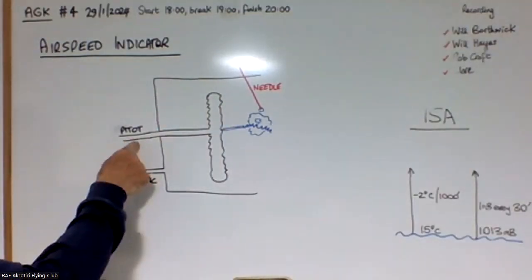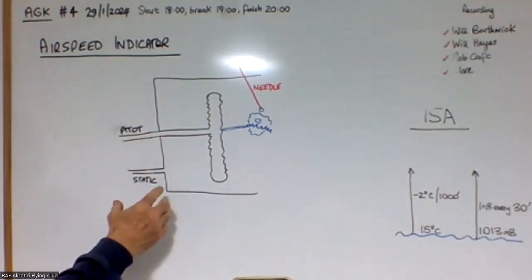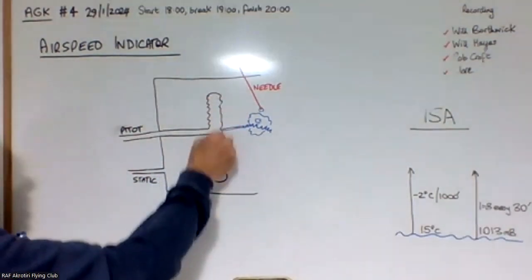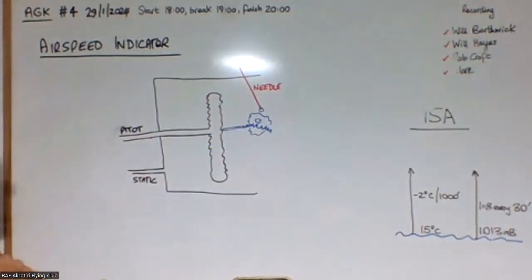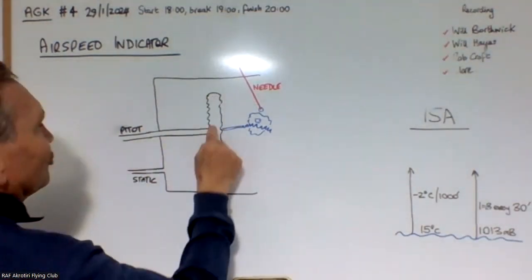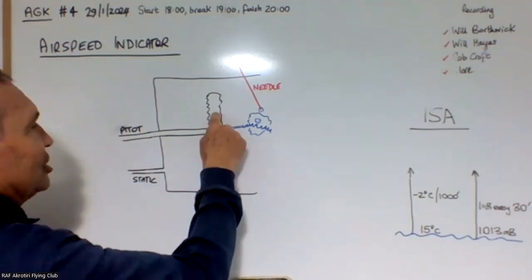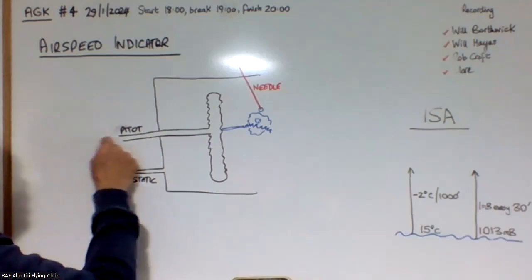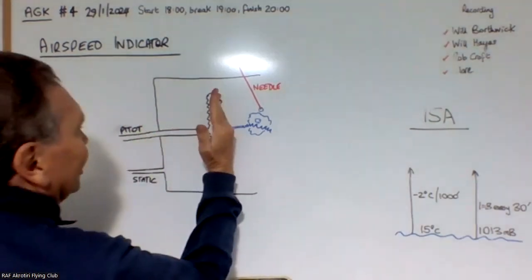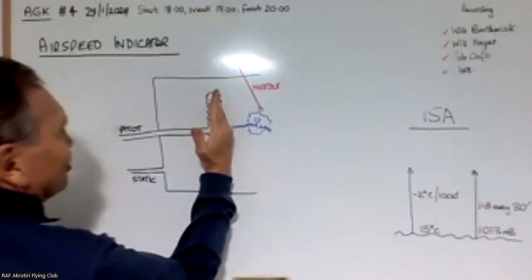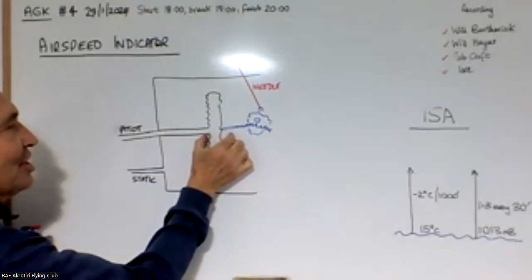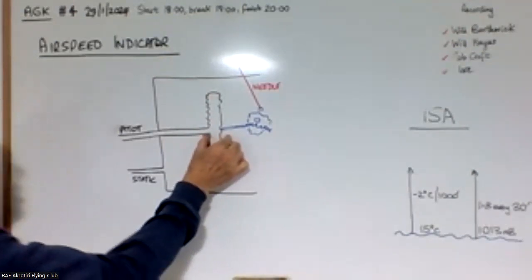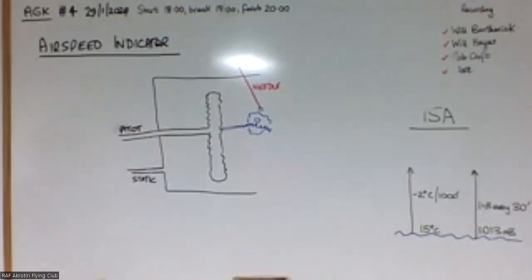Now, if the static pressure and the pitot pressure are the same, then this capsule won't be actually expanding or contracting, because it's just looking at the difference between this pressure and this pressure inside it. So as we increase the pitot pressure, this capsule is going to get slightly bigger and expand in and out a tiny bit.